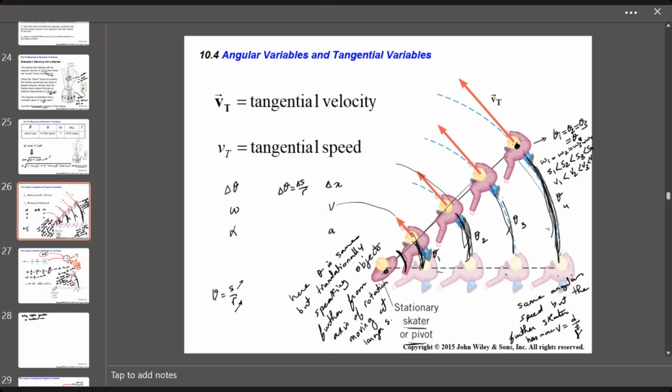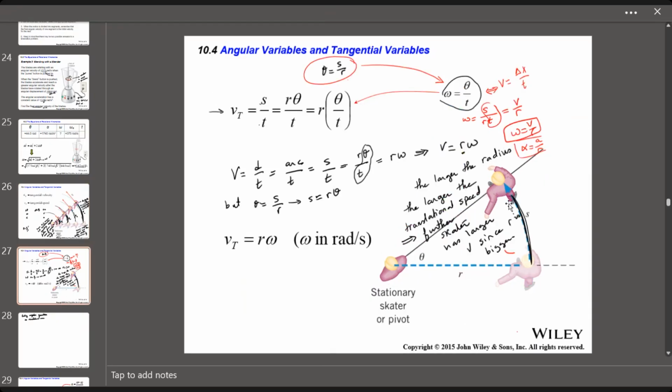I said that this skater has covered an actual translational distance S, which is the arc itself. This is the distance that the skater has covered. According to the angular or rotational aspect, this skater has covered an angle theta. Now from math, I know that this angle theta is equal to S over the radius, where the radius is the distance to the pivot point, so it's the radius of the circular motion.